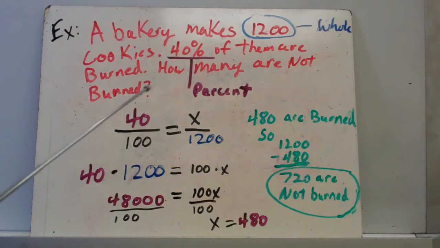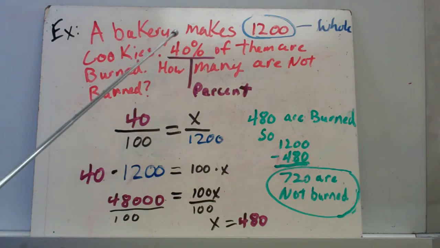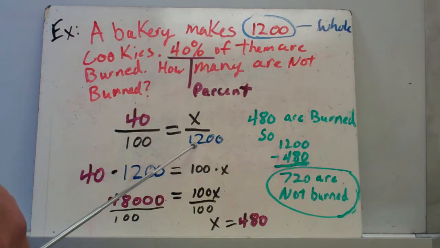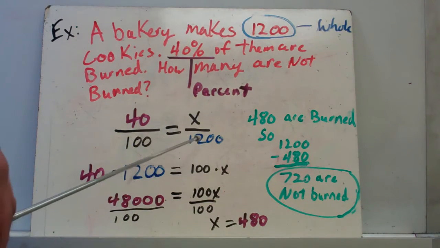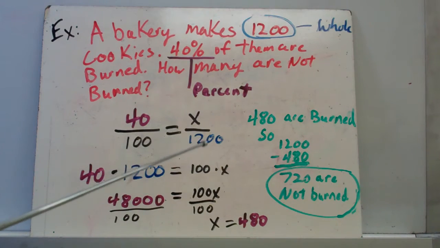And if we look at the problem, it says a bakery makes 1,200 cookies. Well, that's going to indicate our whole. So that is going to go in the denominator of this second fraction, and then our unknown, our x, is going to go into the numerator.